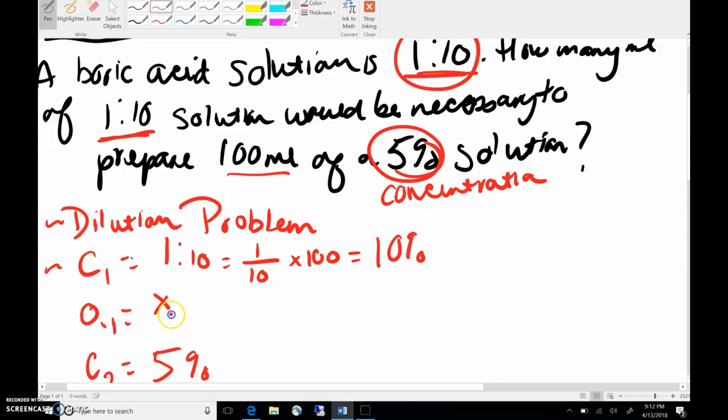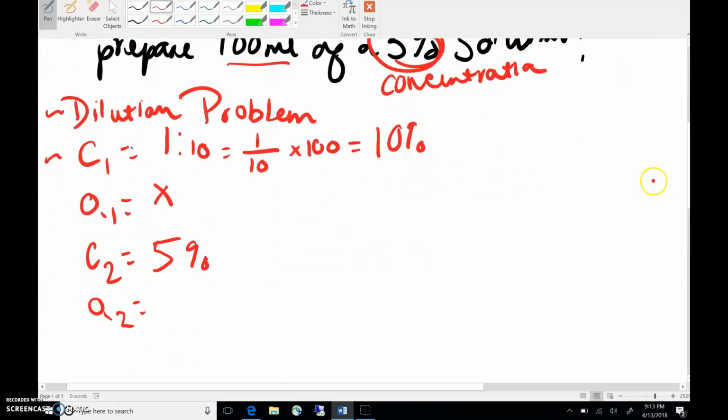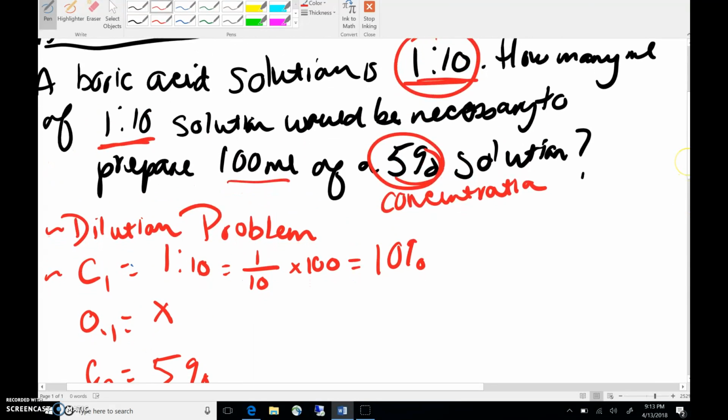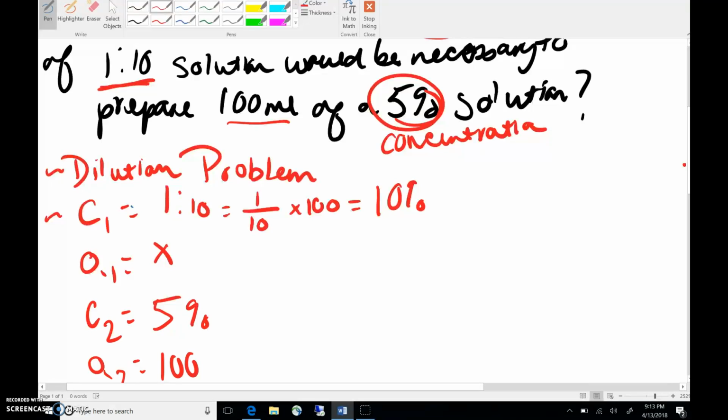Your Q1 is your X. Your Q2 is the 100 milliliters, because if you reread the problem, it says how many milliliters of 1 to 10 solution will be necessary to prepare 100 milliliters of a 5%. So that 100 milliliters of a 5% is your Q2.